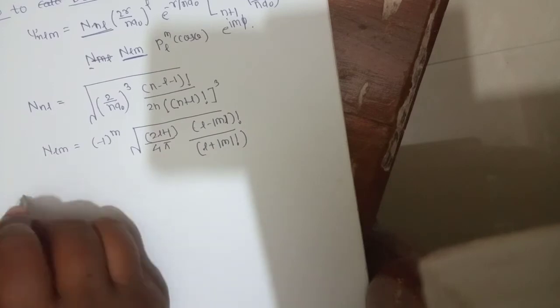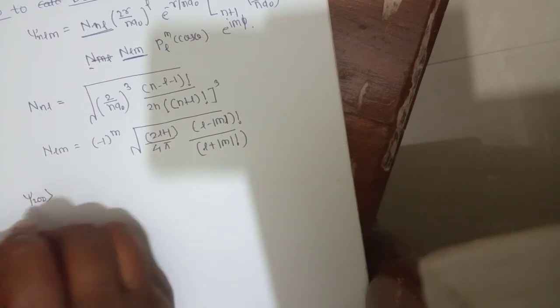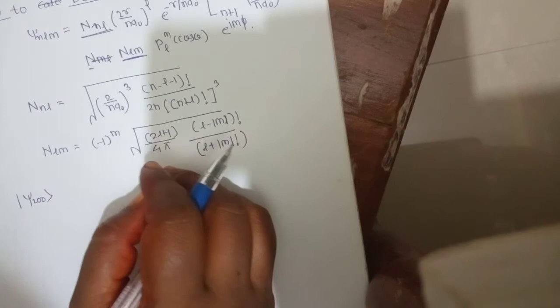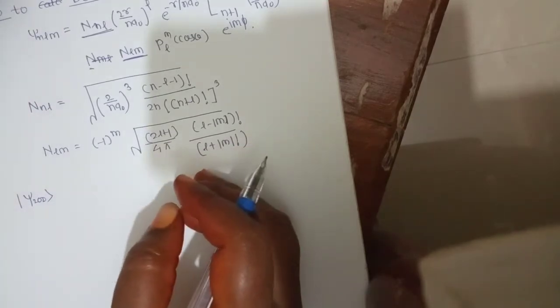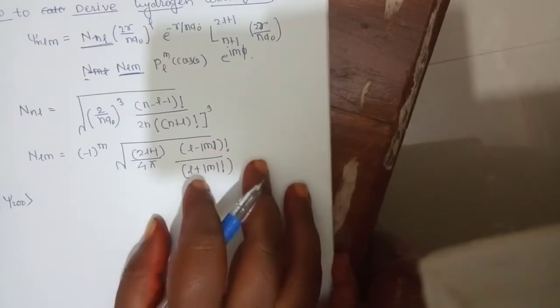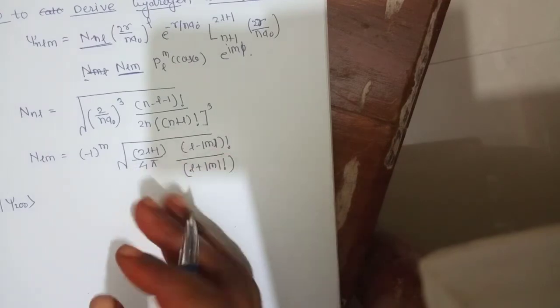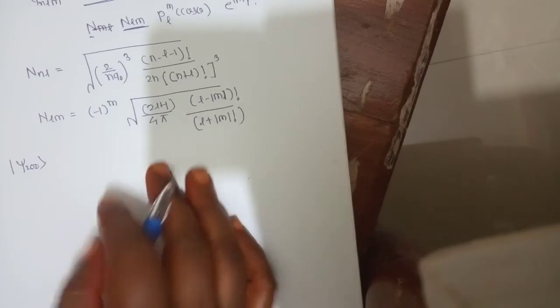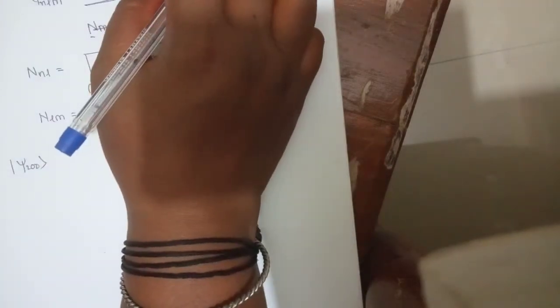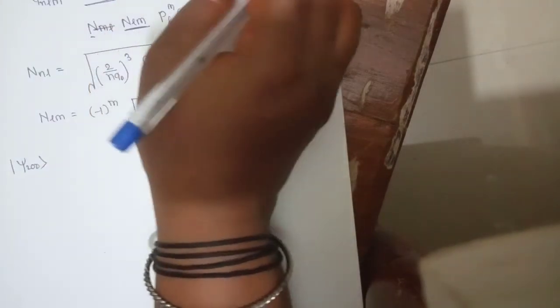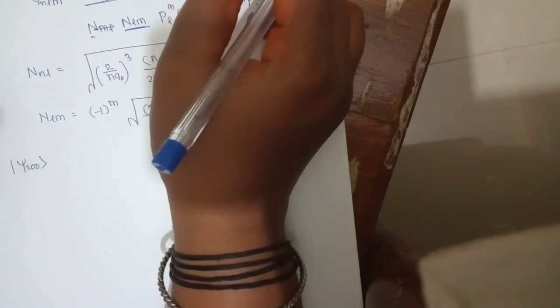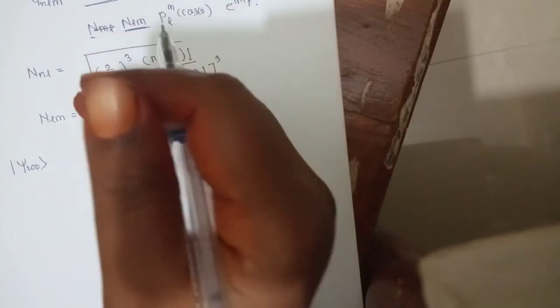Instead of deriving the hydrogen wave function for all these four states, just try to remember, try to memorize these four wave functions, because deriving the hydrogen wave function turns the problem so complicated.